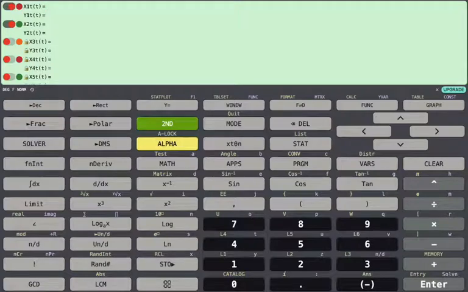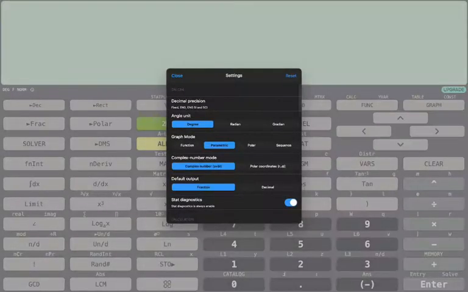Next to the second button is the mode. Make sure you're in either degrees or radians, and normally we're in function mode. You're going to want to change it to parametric mode. It looks a little different on your TI-84, but basically you're changing it from function mode to parametric mode.